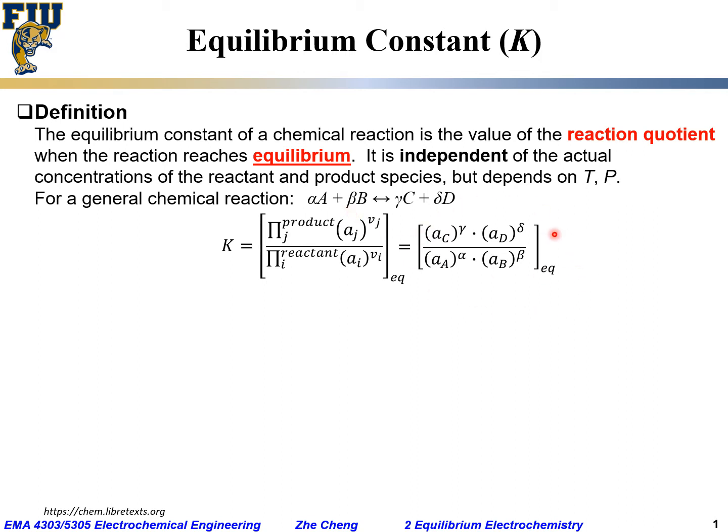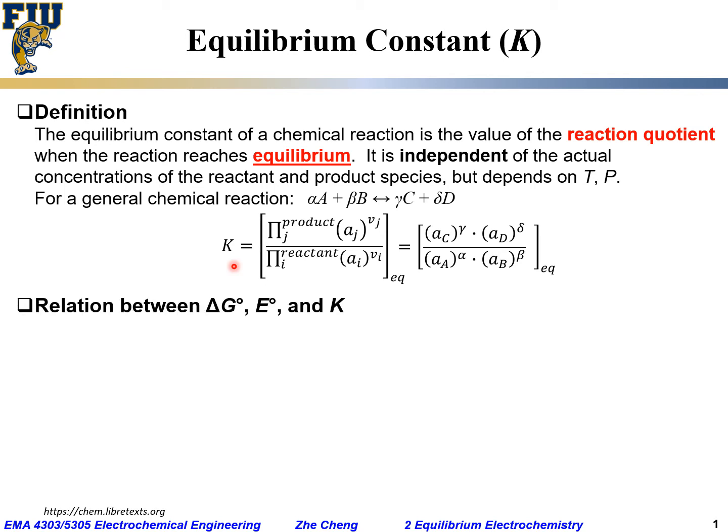So this gives us the reaction quotient, and if it's under equilibrium condition, then the reaction quotient gives us the so-called equilibrium constant. Okay, that's what you learned in chemistry.